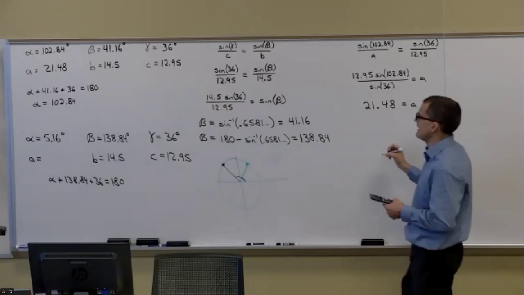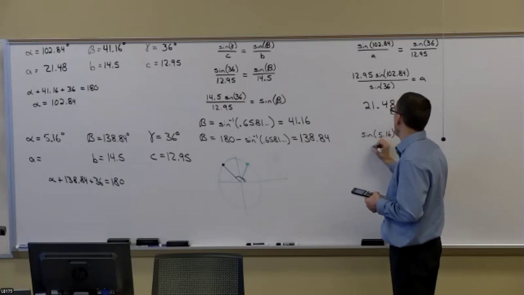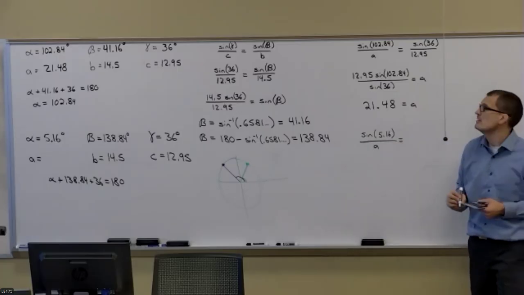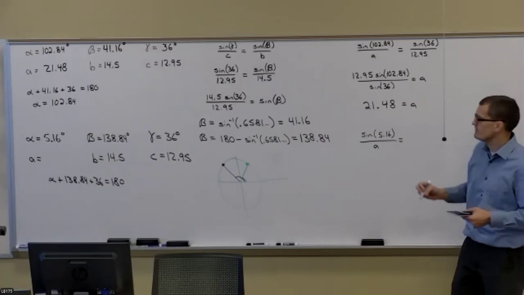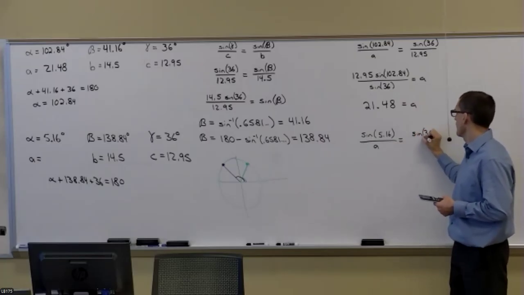And if I did the same thing in the bottom triangle, I'd use just 5.16 as my alpha instead of 102.84. Same concept though.